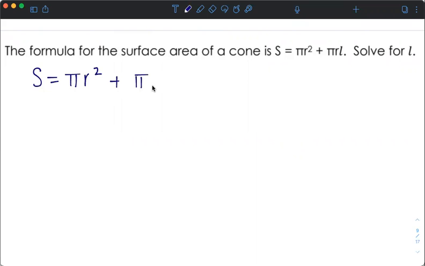Some of you might be looking at this and you're like, oh my gosh, this looks so confusing. So just remember, I'm going to have something to compare it with that's a little bit easier to understand, so that maybe we can piece this together. Let's just say instead of S, well, actually, no, we'll keep S there.